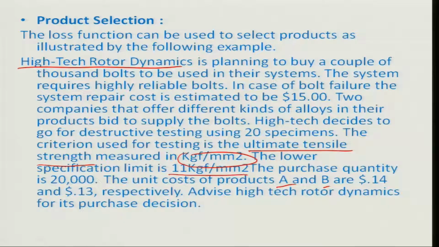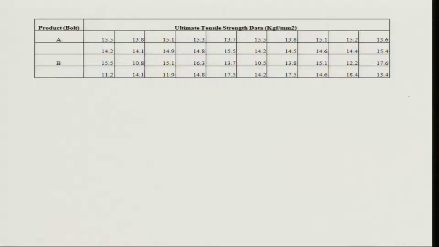So let us first look at the results from the destructive testing of 20 specimens that Rotor Dynamics talks about between sample A and B. The table illustrated here is about both the products A and B, where 20 specimens have been tested destructively for the bolts from suppliers A and B, and we get data of their ultimate tensile strength as represented here.